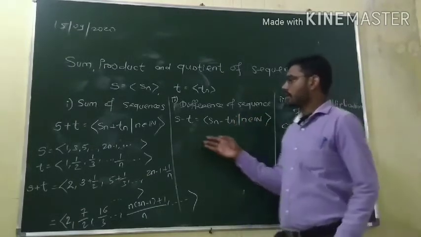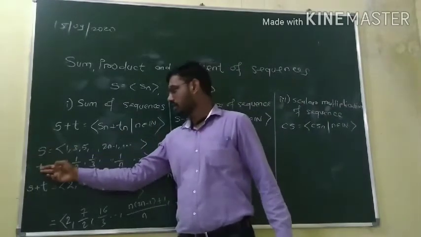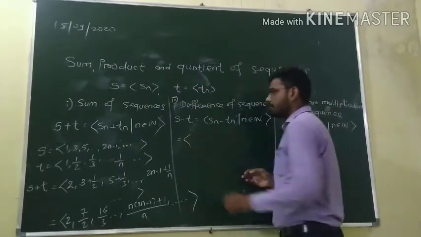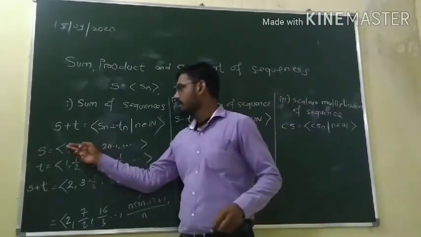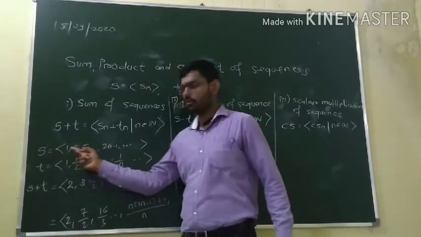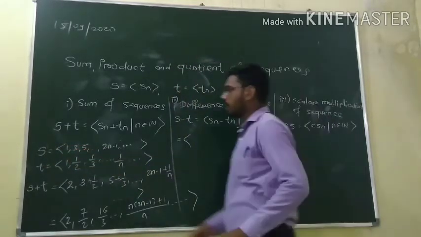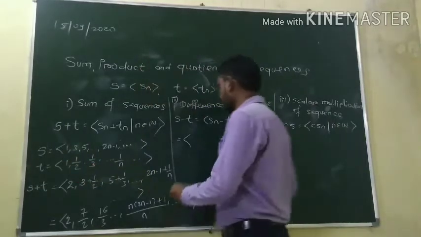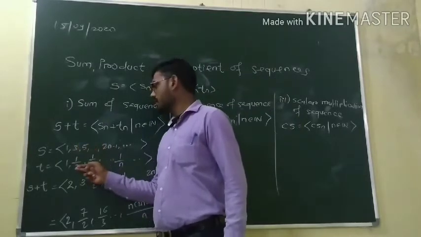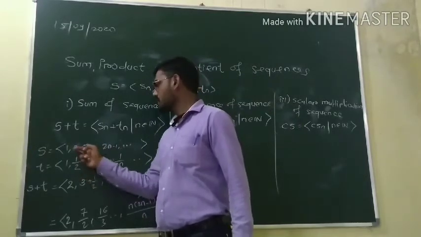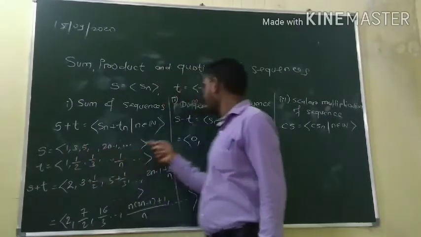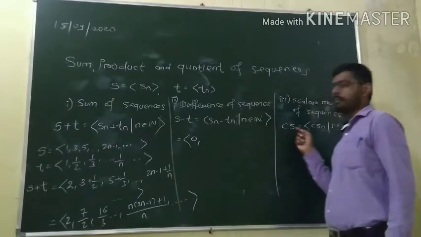Take again this sequence S and this sequence T. S minus T becomes: subtract the first term of T from the first term of S, so the first term is 1 minus 1, which becomes 0. The second term in S is 3, and in T it is 1/2. That is S2 minus T2, then S3 minus T3, up to Sn minus Tn and so on.